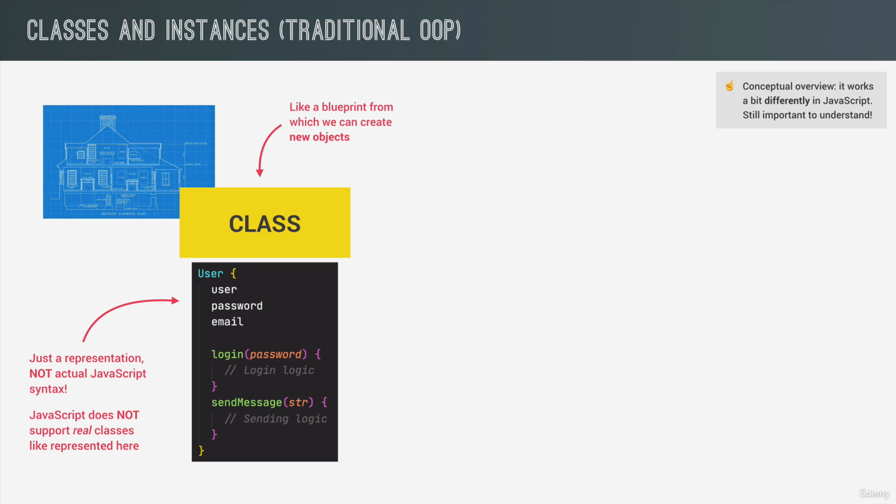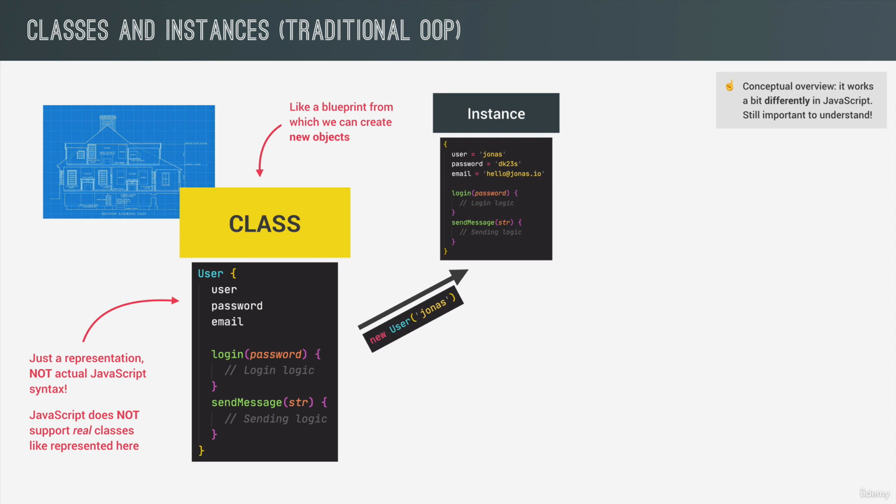But now let's use this class and actually create a new object from this class. And you see that now we actually have real data about the user in the object and not just a description of the data like we have in the class, so in the plan. Now we call all objects created through a class instances of that class.